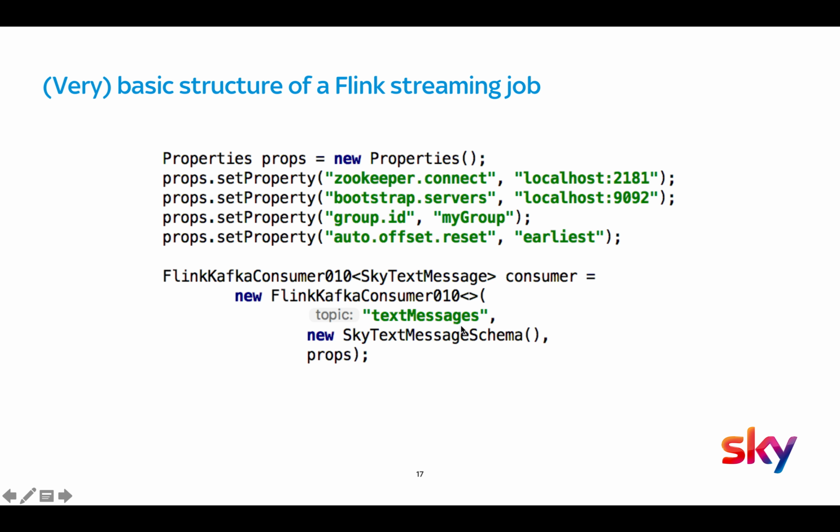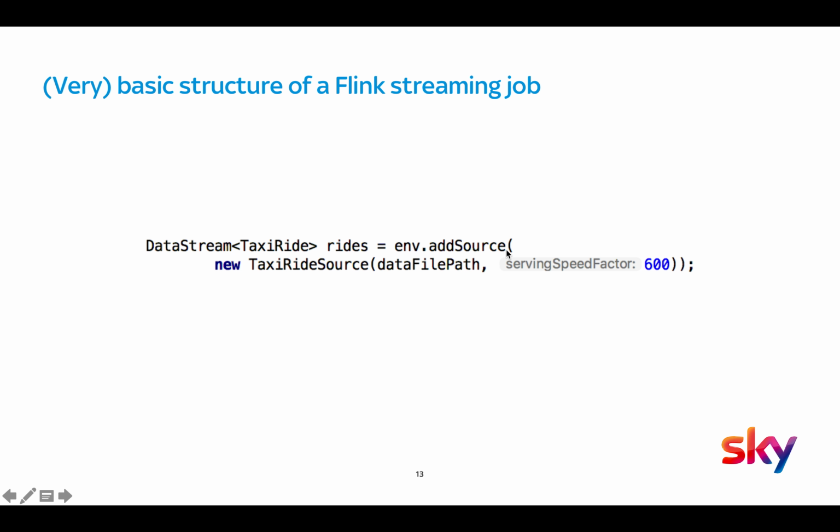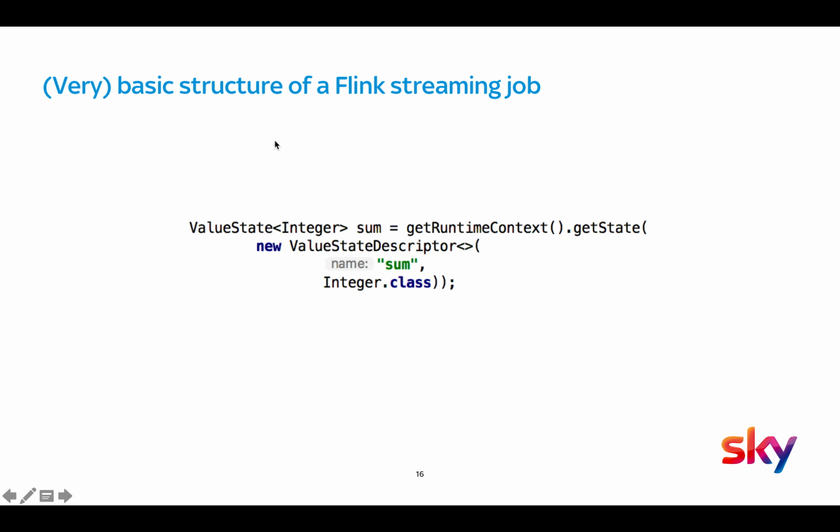Tell it the topic, and this consumer is then passed to the add source method here, and the return value is your stream, and you can start processing those Kafka events. So quite simple. So now we can come back to this example here.